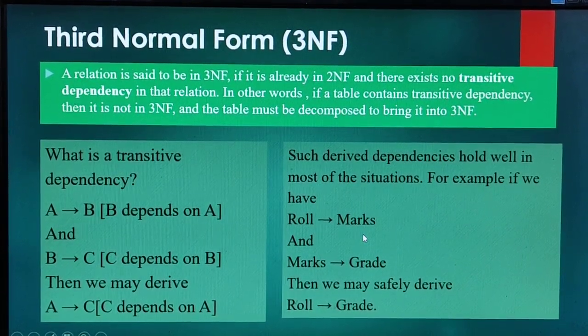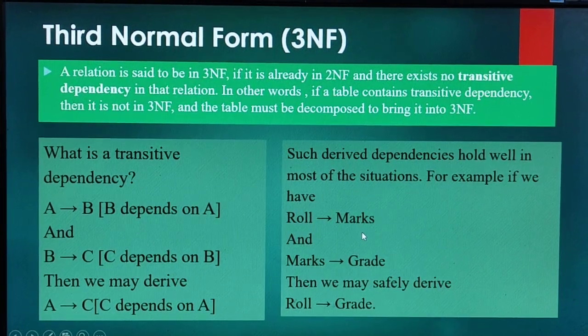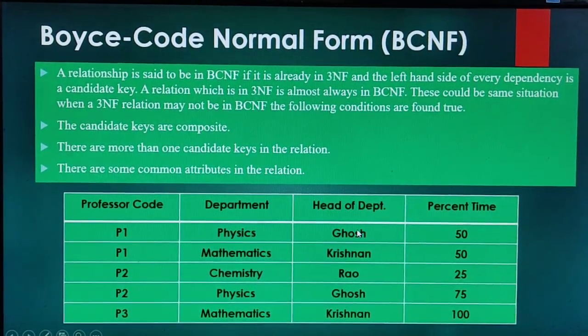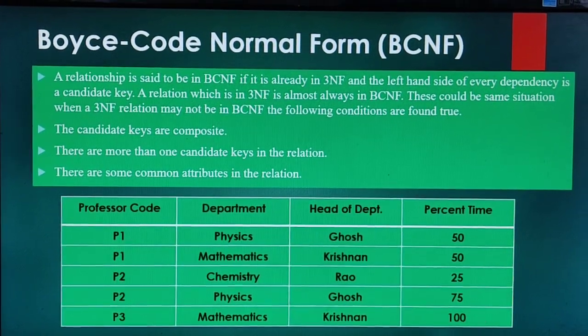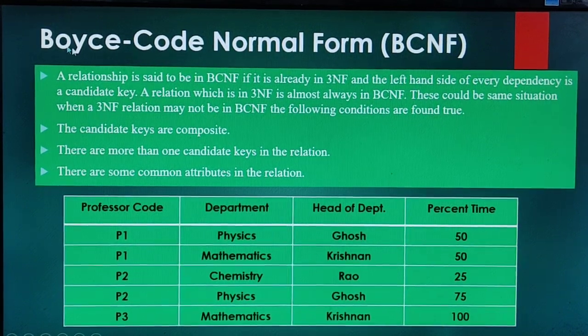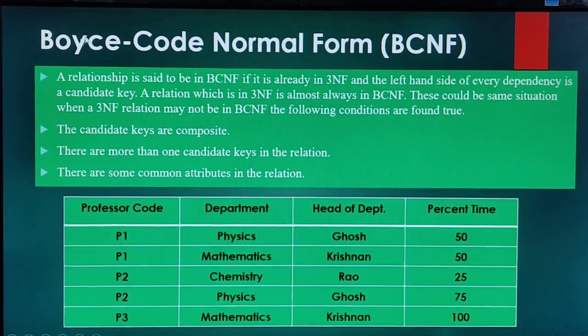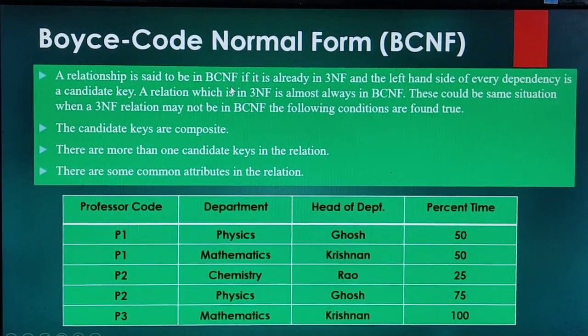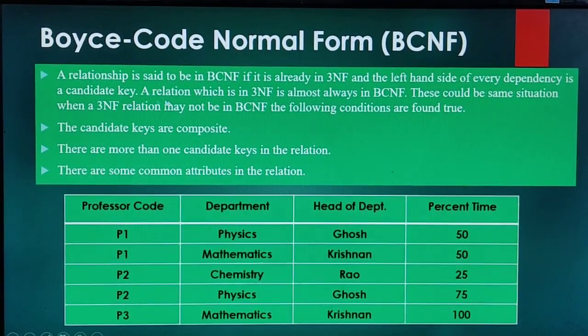We have to see this through some examples. Now I want to tell you, when we are going for third NF, sometimes you will have a branch of normalization that we call BCNF. It's not that after third NF we will go for BCNF. It's a branch of third NF.